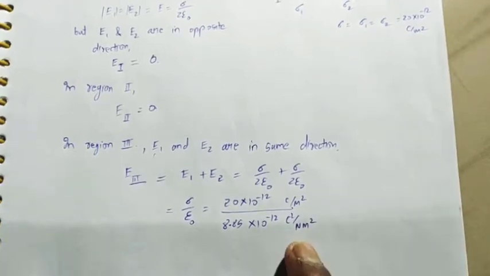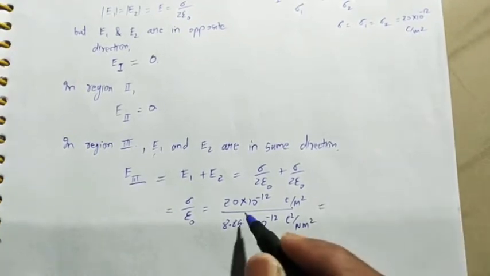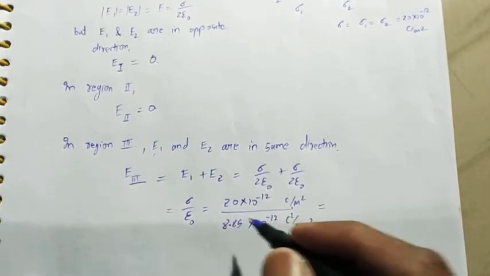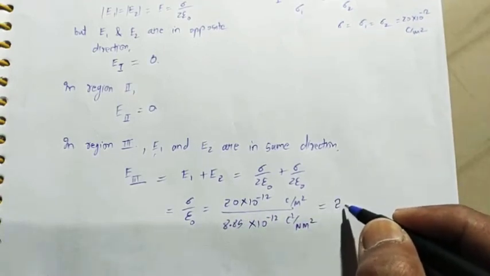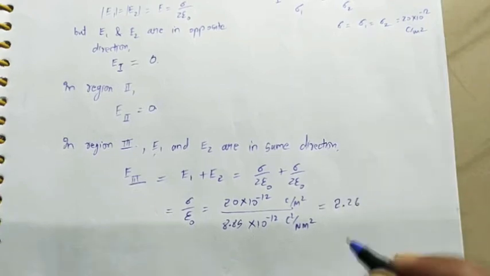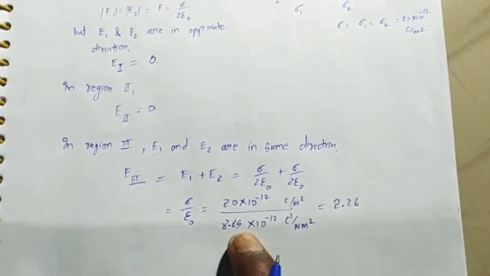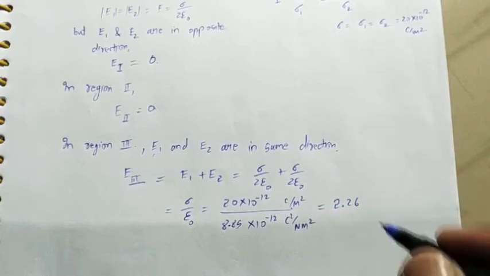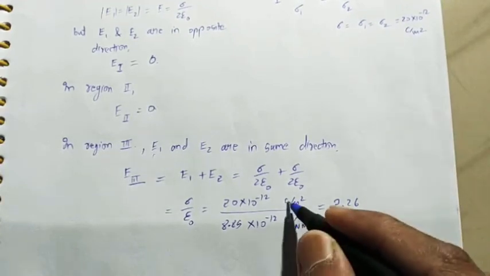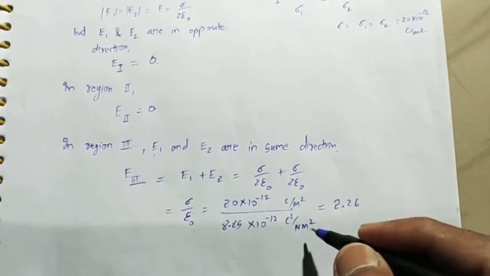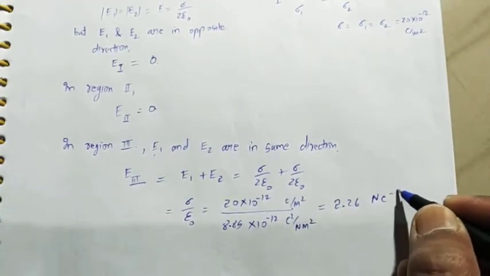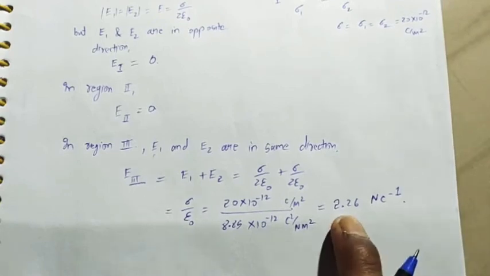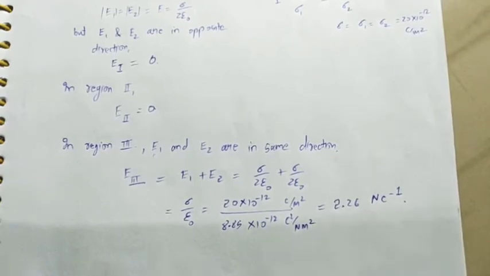Solving it, we will get almost 2.25, and the units will be, coulomb cancels out, meter square cancels out, Newton per coulomb. So this will be our answer.